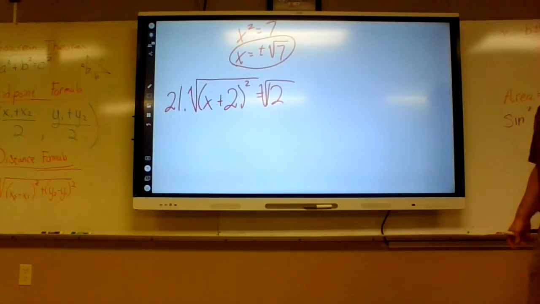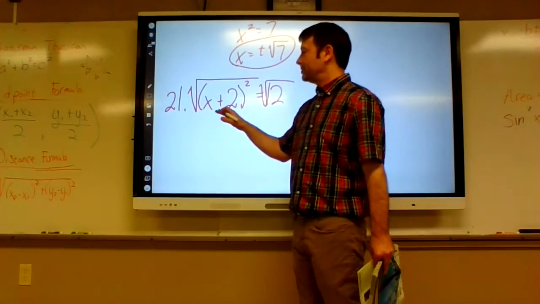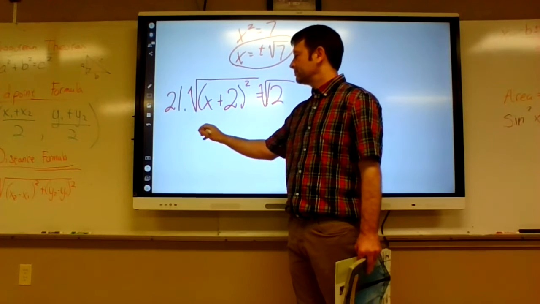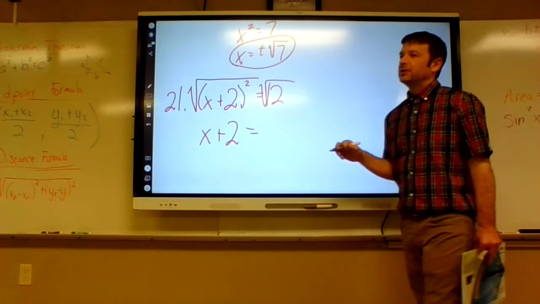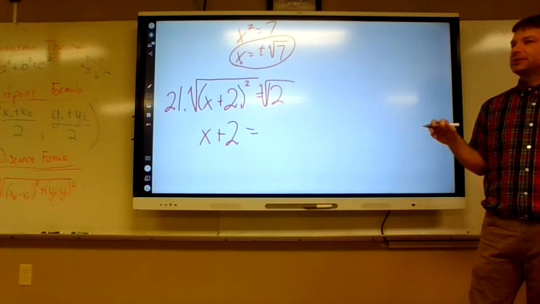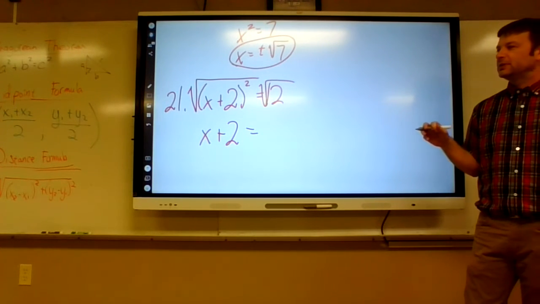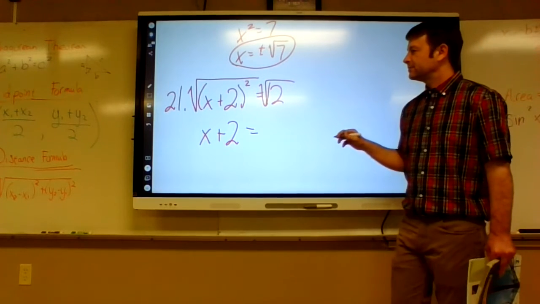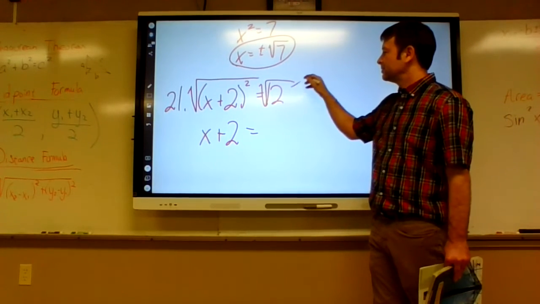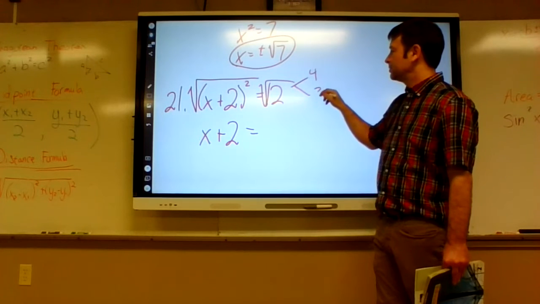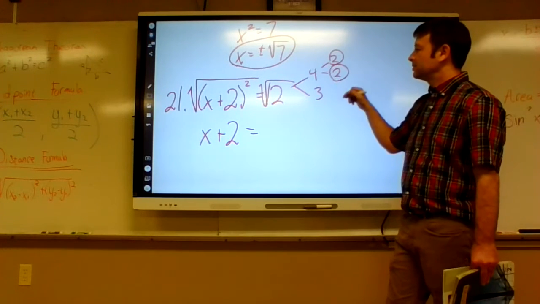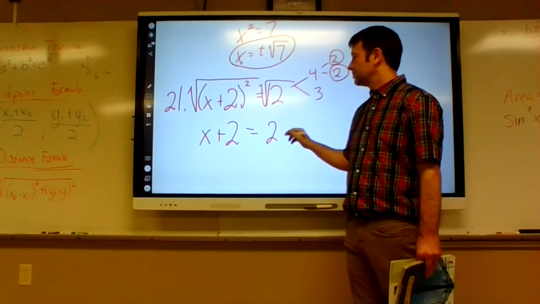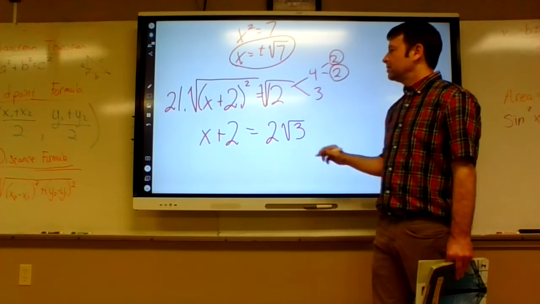Alright, so what's the left side gonna become? X plus 2. Yeah. What's the right side? Just kidding. Square root of 12. Oh, yeah, that. What? Oh, it's 12.